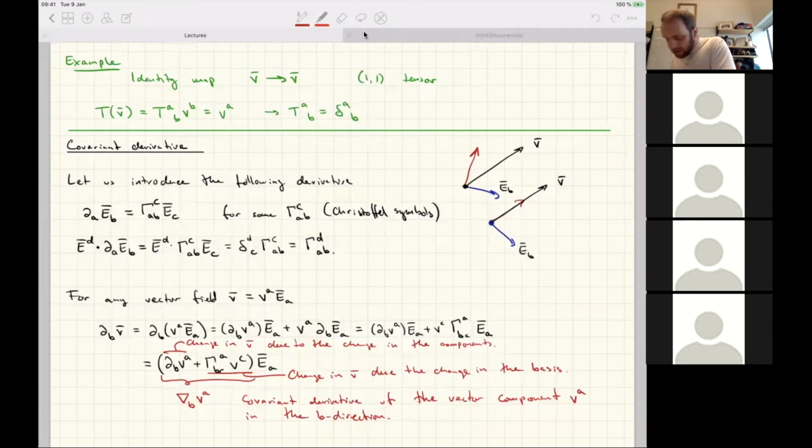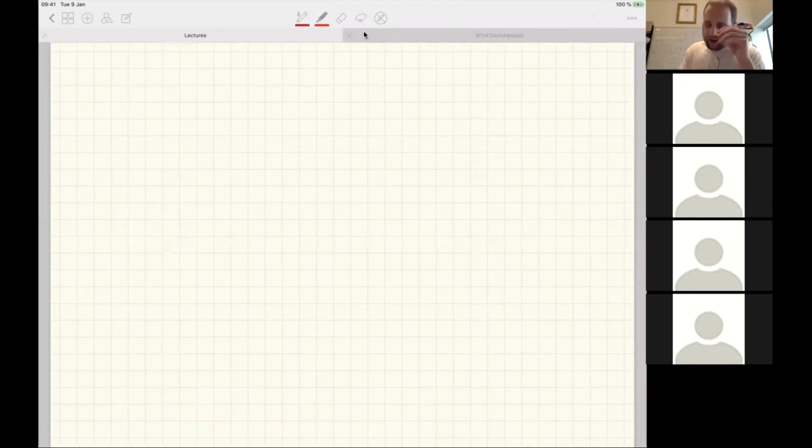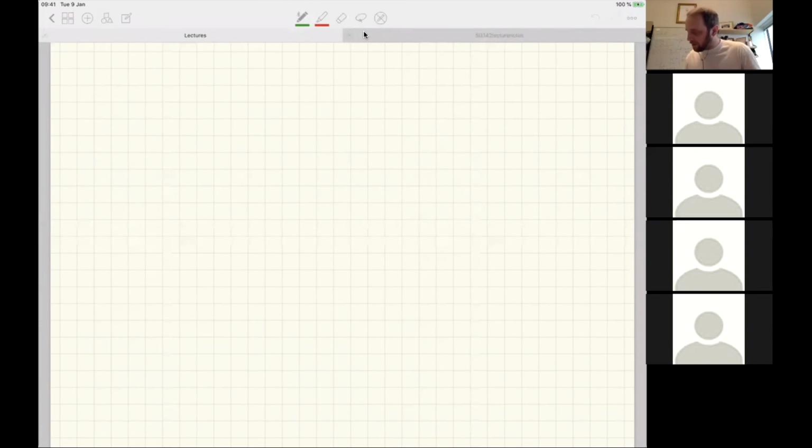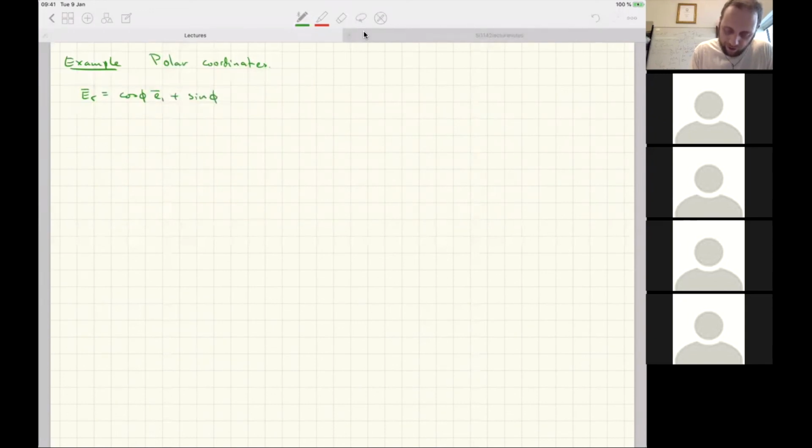So we have 8 minutes left. Let's just take an example quickly, and then I will quickly discuss how it works when you take the derivatives of dual vectors instead. The example I will use is my favorite, polar coordinates, because we have already looked at this. We had ER, which was cosine phi E1 plus sine phi E2.